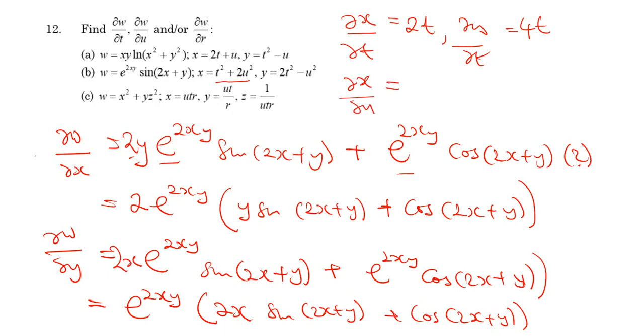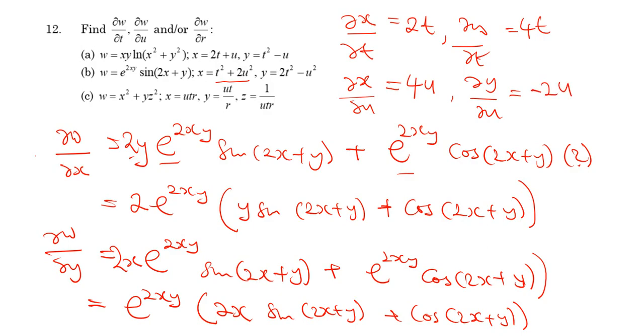I look at the function here. I have 2u squared, so that is 4u. Then the partial of y with respect to u, I look at my y function, I'll just get negative 2u, like that.